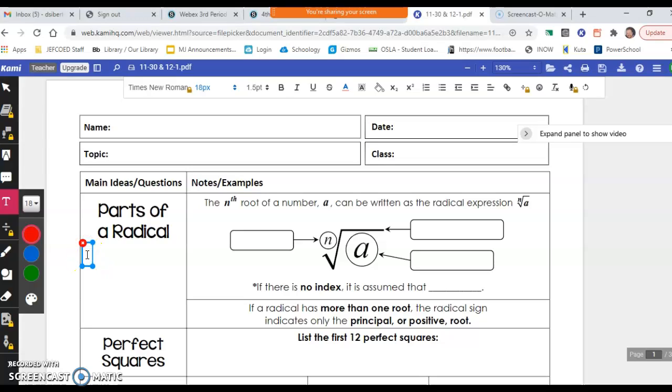All right, the first thing that we're going to talk about today, guys, is what a radical is. And my definition may be a little bit different, but it's basically the same basic term.